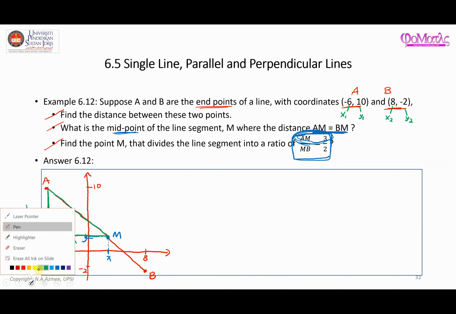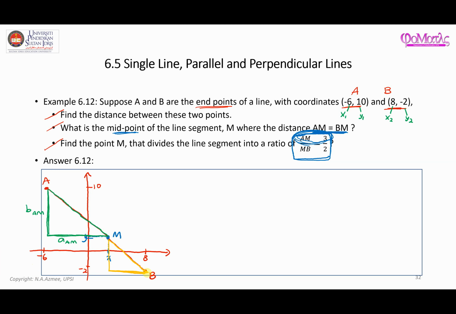And similarly, I can construct another right angle triangle with respect to MB. So here is another right angle triangle with respect to distance MB, and I'm going to call this A for MB, and this line over here is B for MB.